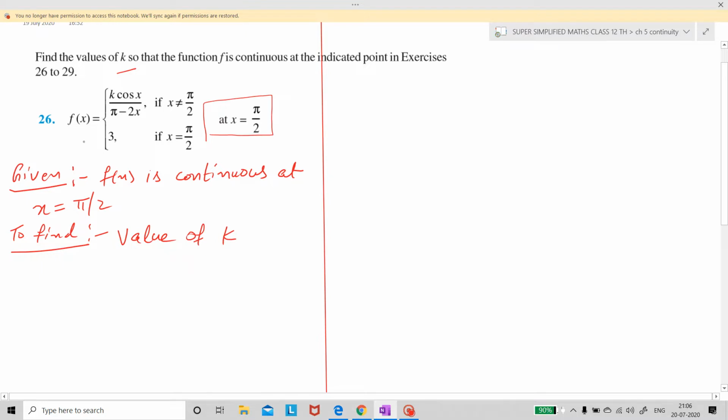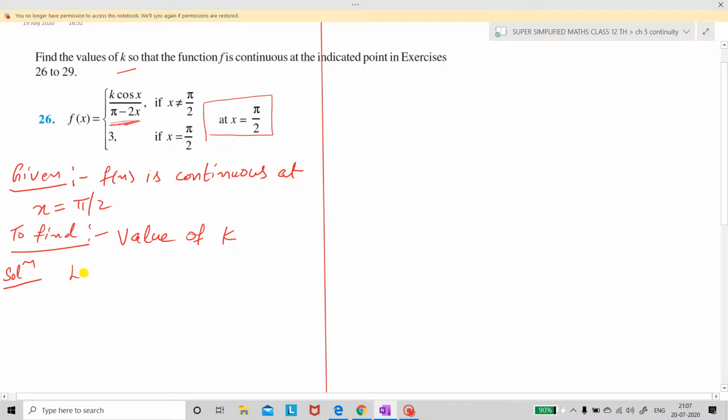Now students, let us go through the function. The function is k cos x upon pi minus 2x when x is not pi by 2, and the function is 3 when x is pi by 2. That means the value of the function at x equal to pi by 2 is 3. And when x is not pi by 2, the definition of the function is this. So when we calculate the left hand limit or right hand limit, this is going to be f(x). Let us use what we are given.